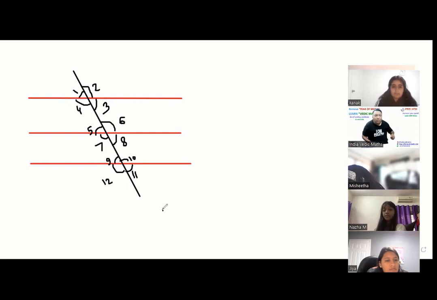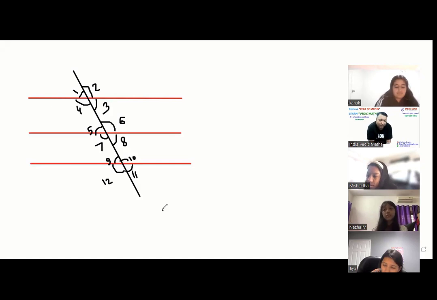Kanak, tell me any pair of corresponding angles. Take any, suppose 5 or 6 or 3 or 7. 3 and 8. Very good, Kanak. Mayank, tell me one more pair of corresponding angles. 2, 6. One more, different from hers. 5, 9. Okay.